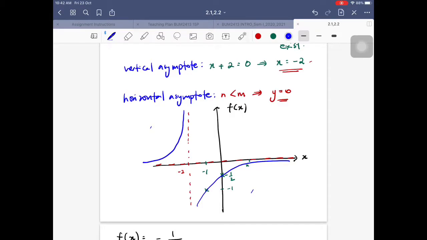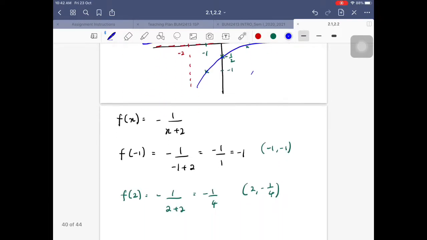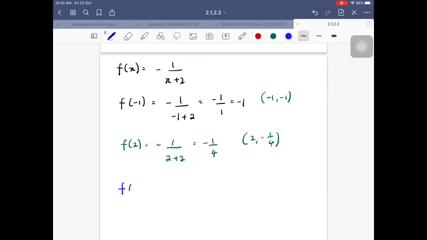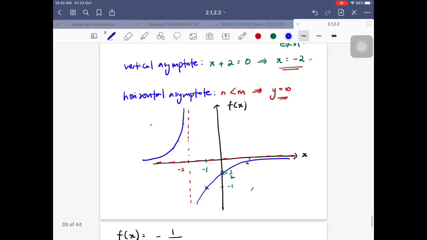But if you do the same and pick points, you'll be able to figure out that this is going to look this way. For example, if I pick f of negative 3, I get negative 1 over negative 3 plus 2, which is negative 1 over negative 1. So that is going to equal 1. So negative 3, 1 is going to be somewhere over here.